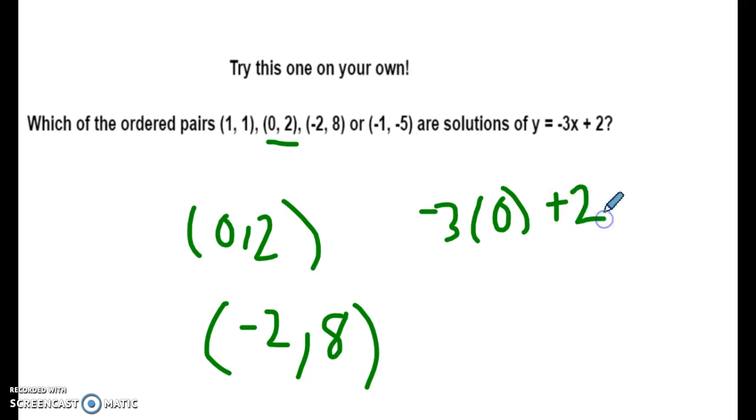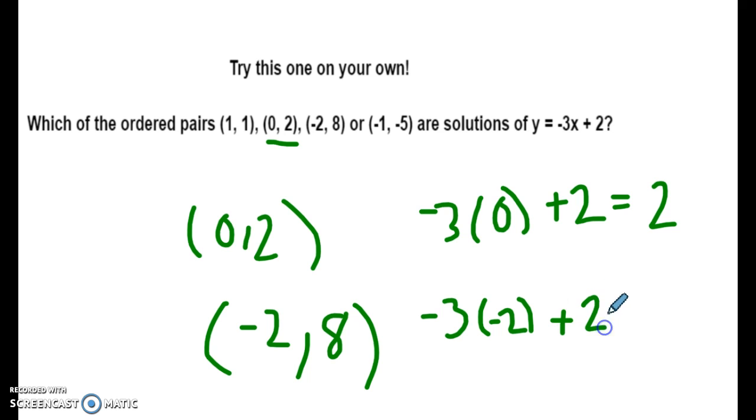So this is a solution set that makes it true. And then also show that if you do negative 3 times negative 2, negative times negative is positive, so that's going to be positive 6. And positive 6 plus 2 is going to give me that range value, that y coordinate of 8. So these are the only two that make it true. All right, flip over and let's work on the next one.